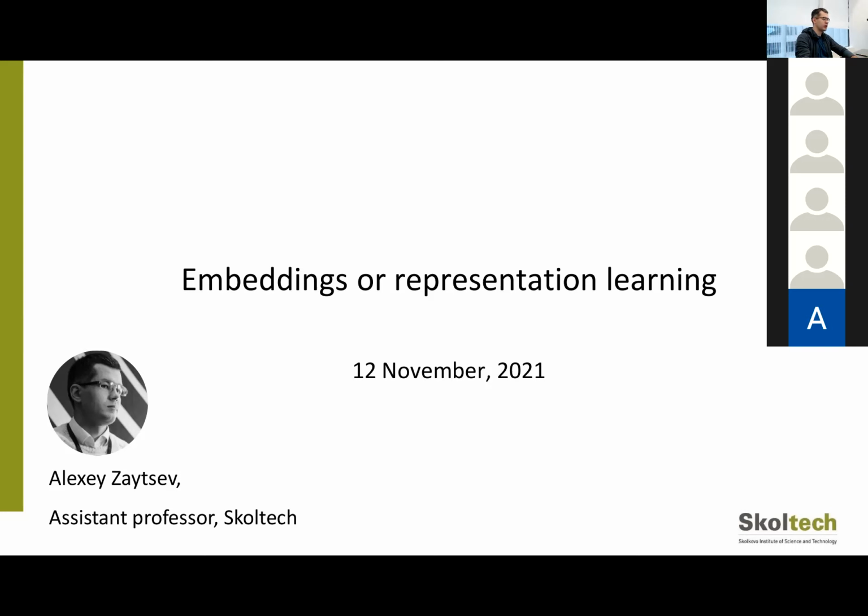Okay, today we talk about a very important, in my opinion, topic that's connected to sequential data and to other types of data as well. It's about how we can deal with embeddings, especially if we are looking at categorical variables.